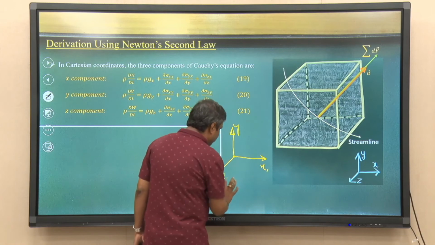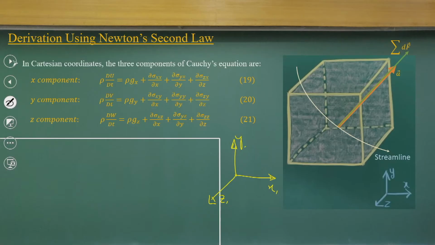Once you put the x, y, z, you can write the scalar components u, v and w. So, we know that. Then you can write other components, which I am not looking at now. I have to look at the stress components which act parallel to the x direction. So, first sigma x x.